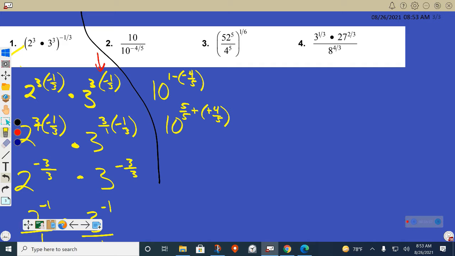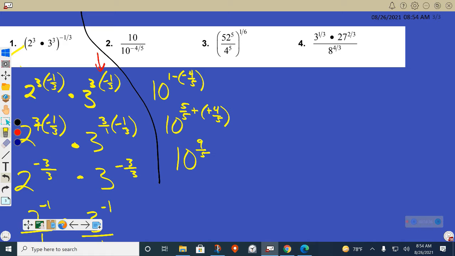It would be 9/5. You just add the numerators. 5/5 plus 4/5 is 9/5, so 10 to the 9/5 power.